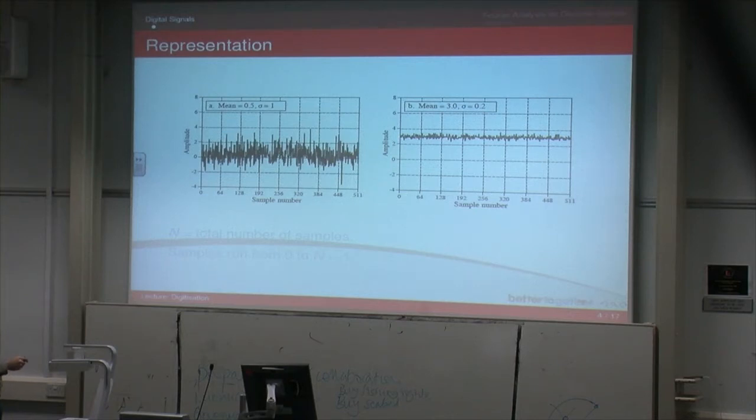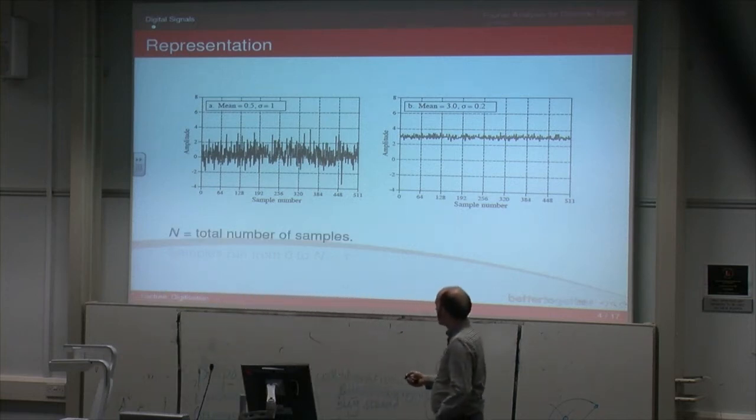And at certain sample numbers, you've got a certain amplitude. And you can see this is one signal, okay, and this is another signal. And you can see with this signal, we've got a mean value of 0.5 and a standard deviation, which is denoted by sigma, of 1. We'll talk about those two things in a minute. And then here we've got a mean of 3, which is a lot clearer to see with a smaller standard deviation.